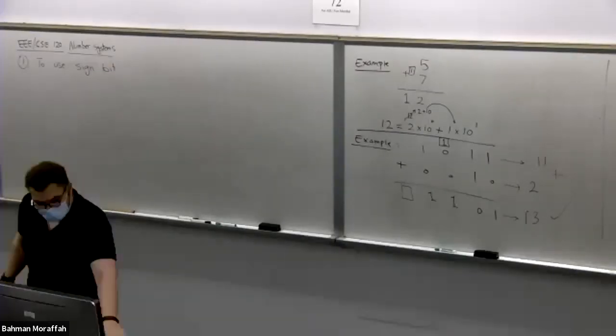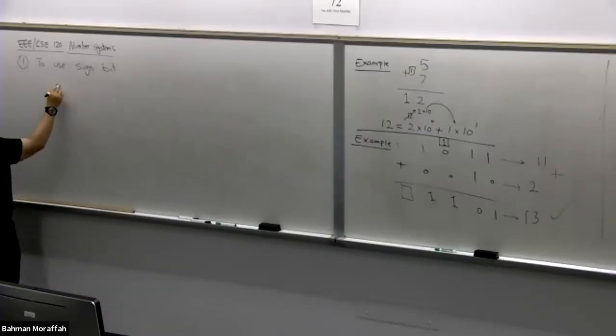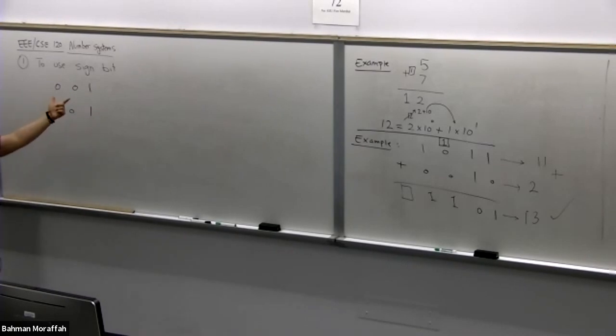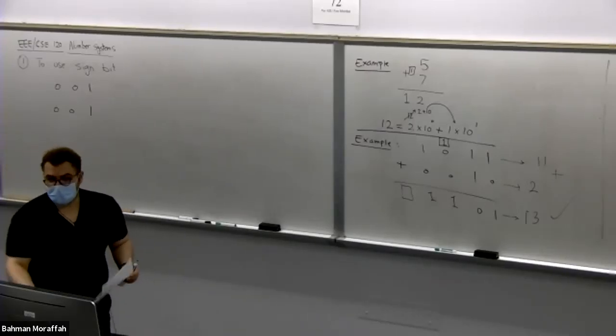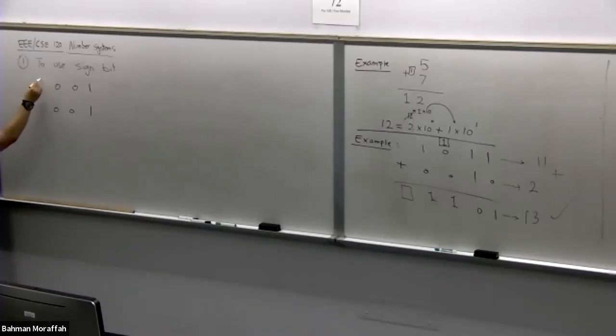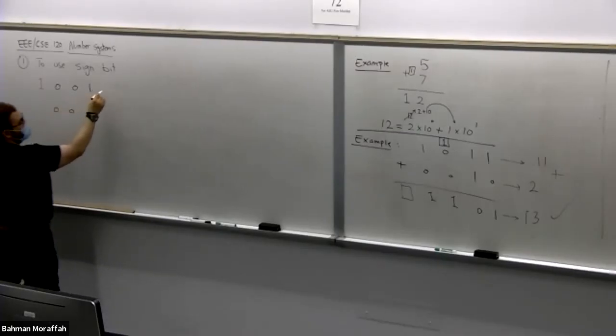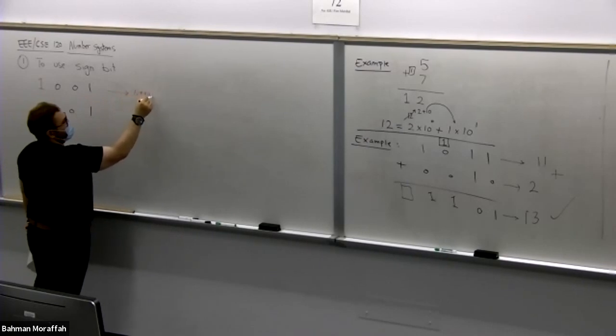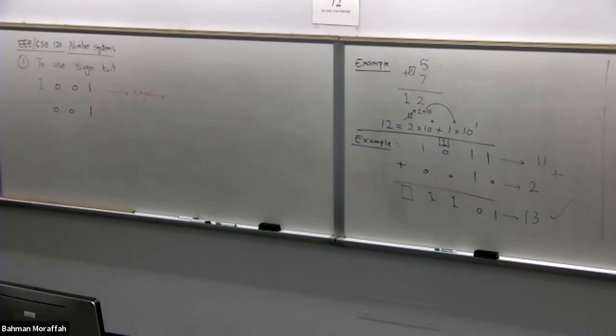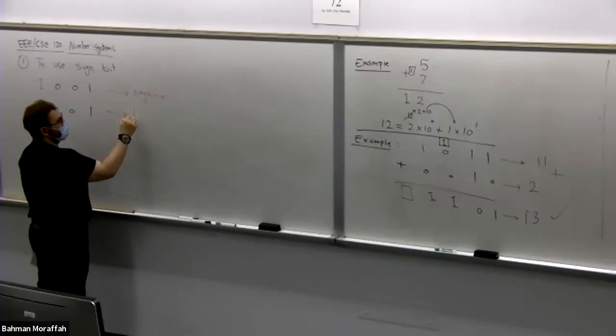For example, if I have this, what number is this? That's a 1, right? So if I put a 1 here, that basically makes this number negative, right? And if I put a 0 here, then that makes this number positive, right?